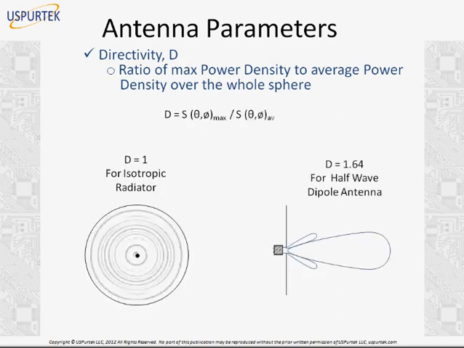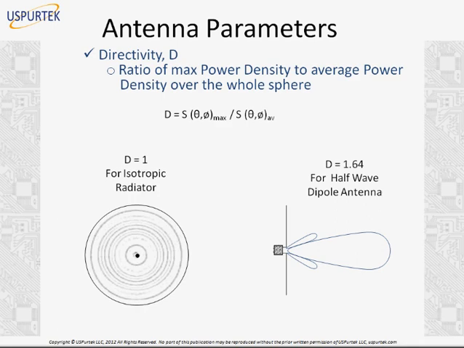Okay. So now let's look at directivity. This is another very important parameter, since real antennas have some direction in which they transmit or receive. This directivity D is the ratio of max power density to average power density over the whole sphere. This is a mathematical form, but in layman's terms, it means how directional the antenna is.